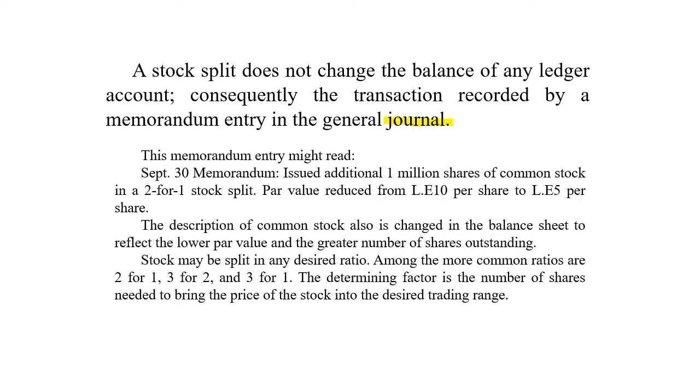We just prepare a memorandum inside the journal. It's just like a note, but it's written inside the journal with the date, saying in this memorandum what happened. We say: issued additional 1 million shares of common stock in a 2-for-1 stock split, par value reduced from 10 to 5 per share.